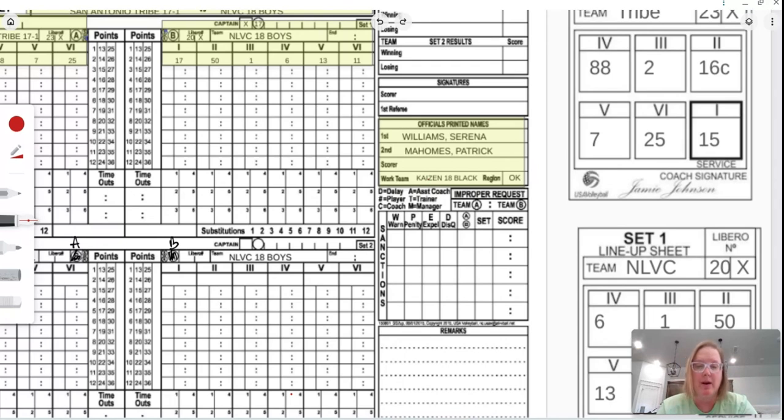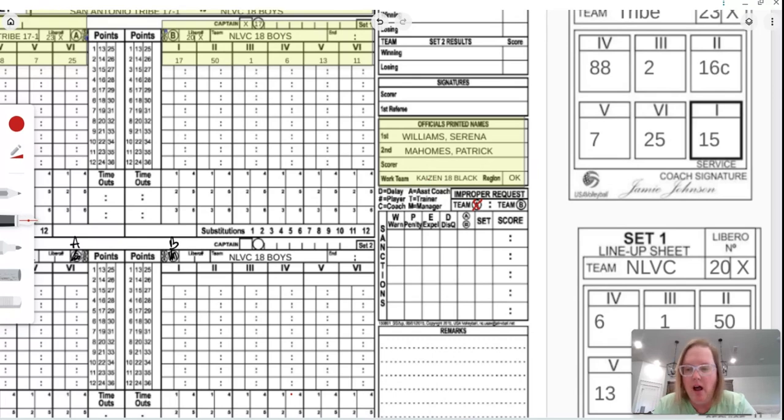So an improper request demonstrated by an official is a hand covering the wrist, kind of like this. That's an improper request. And then an X will be put in the circle right there. So that is an improper request right there.